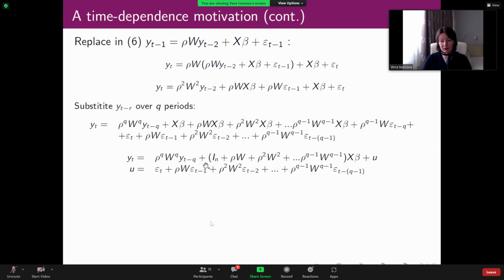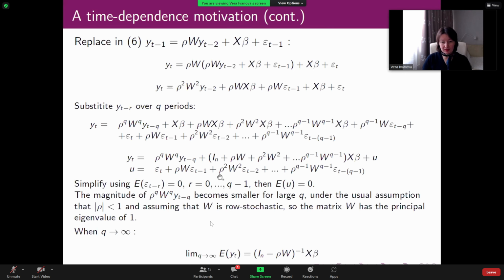After that, we can regroup the terms, and we regroup using the main terms: W, y variable, x variable, and the error term.